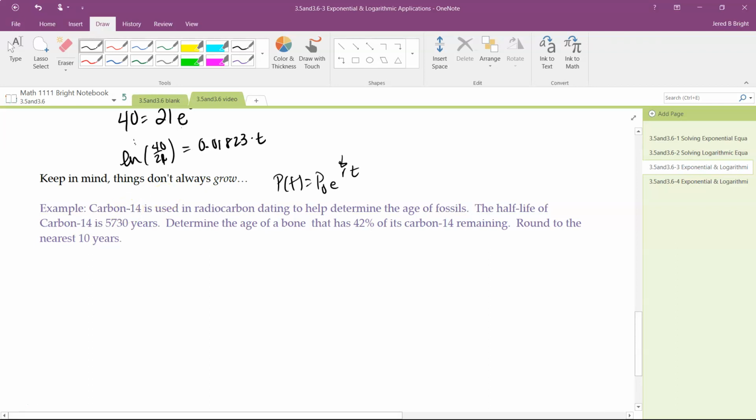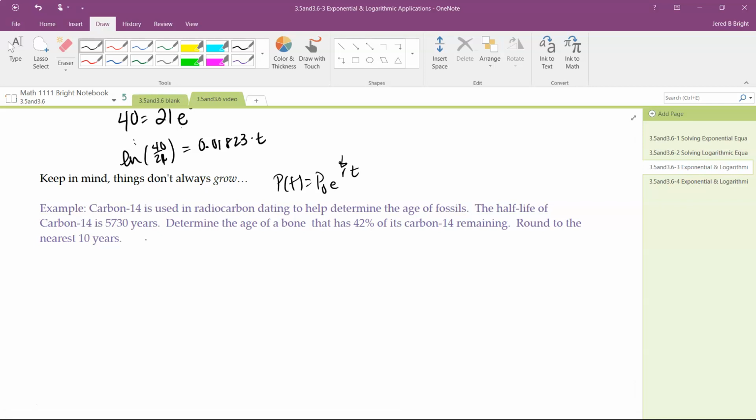Carbon-14 is commonly used to help do radiocarbon dating. They take measurements of this particular isotope of carbon and look at the amount remaining after a certain time, and that helps determine the age of certain substances. We know the half-life of carbon-14 is that. Determine the age of a bone that has 42% remaining, rounded to the nearest 10 years.